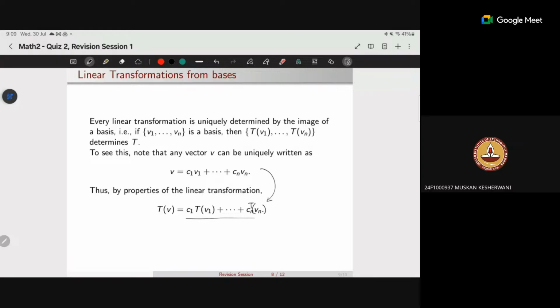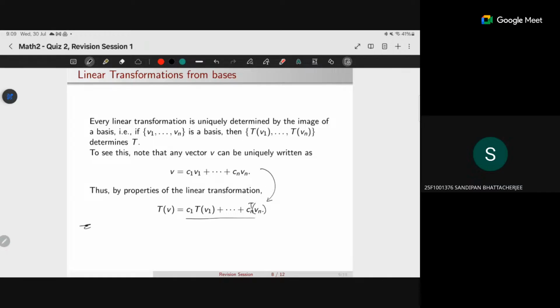So, T of v1 to T of vn is what we know. If we know T of v1 to T of vn, T of v for any v, we can determine. Is that clear? Yes, that's from the linearity property, right? That's simply because of the linearity property.